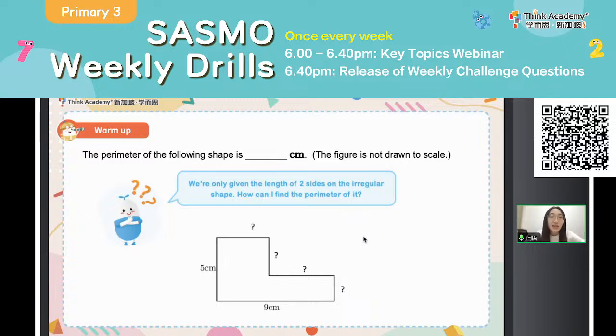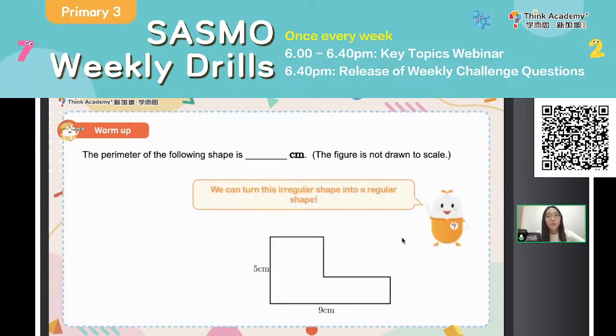As you can see, the perimeter of the following shape is, how long is it? Well, you see, we are only given the length of 2 sides on the irregular shape. How can I figure the perimeter of it? So actually, we are going to know a tip in calculating the perimeter.